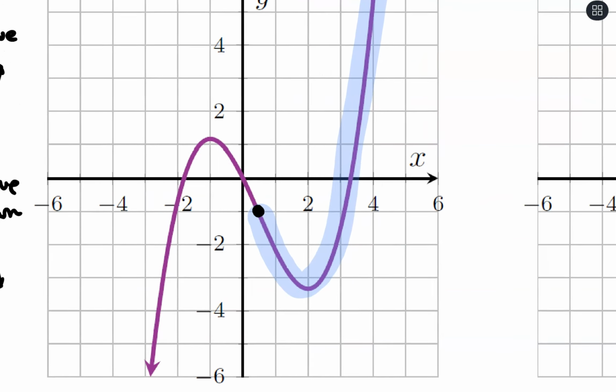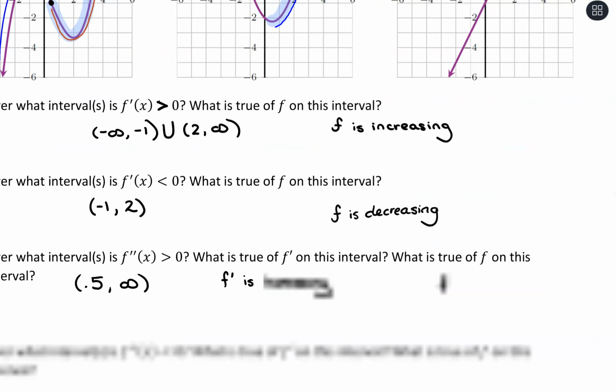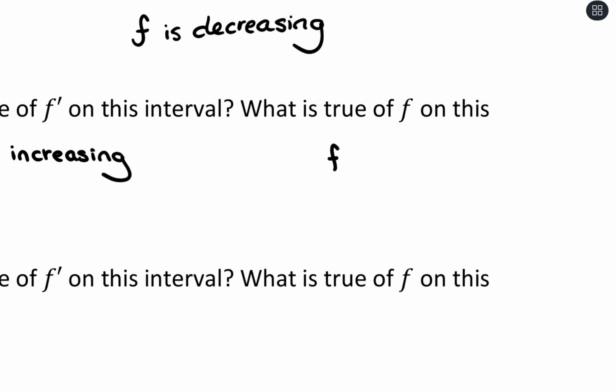So what we're seeing on our graph here is that we have a mixture of concavity. We have concave down, and then it changes to concave up. And what we're seeing is the interval that we're talking about right now is concave up. So what that tells me is that when the second derivative is positive, our original function has a graph that is concave up over that interval. So what is true of f on this interval? F is concave up.